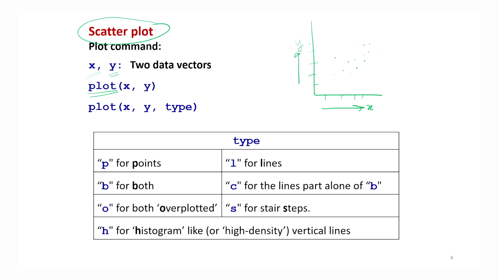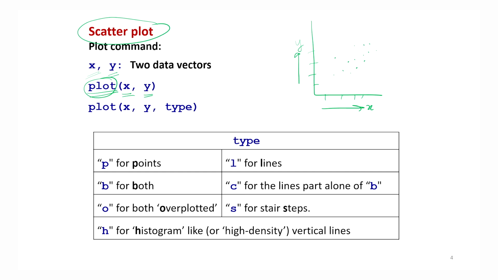The command to make this two-dimensional scatter plot is plot, and inside the parentheses you express the two data vectors x and y.